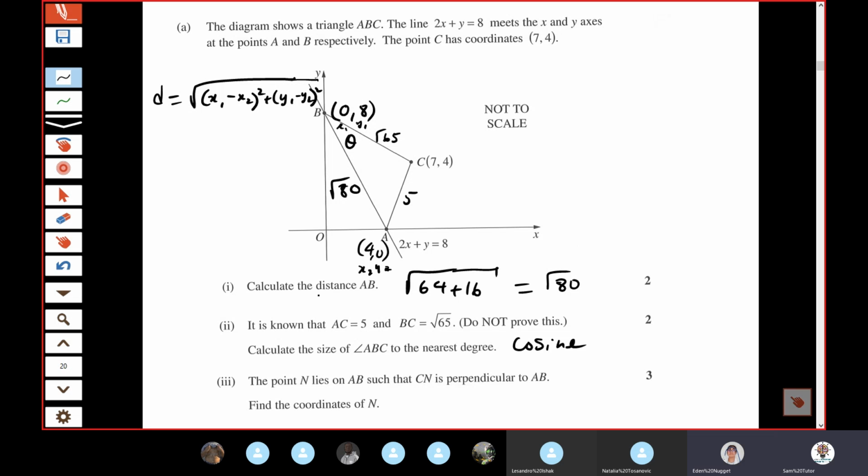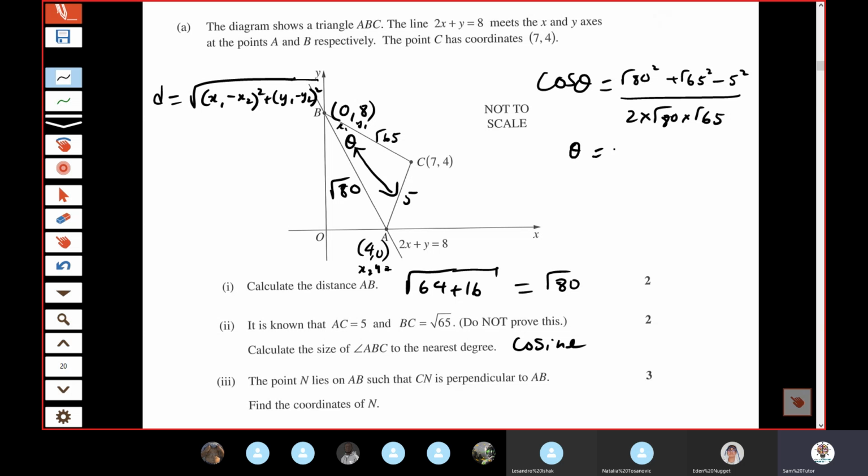You should have used 5 as your c squared in the cosine formula. So it looks like this: cos theta equals root 80 squared plus root 65 minus 5 squared, on... and then don't forget to inverse that.